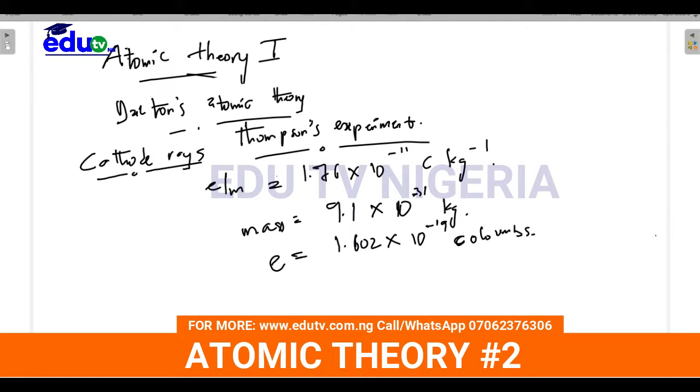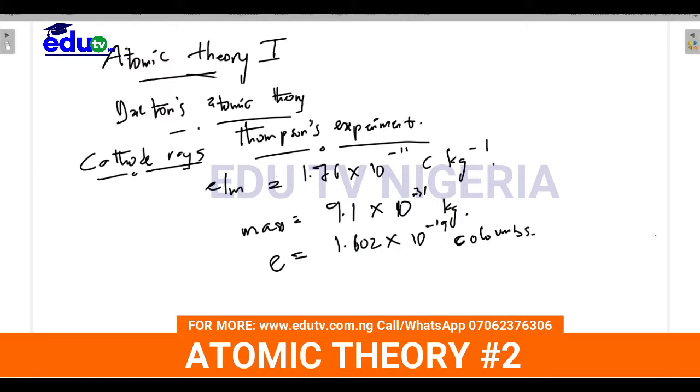So these are the values, including the charge to mass ratio, that Thomson's experiments gave us from the cathode ray experiment.